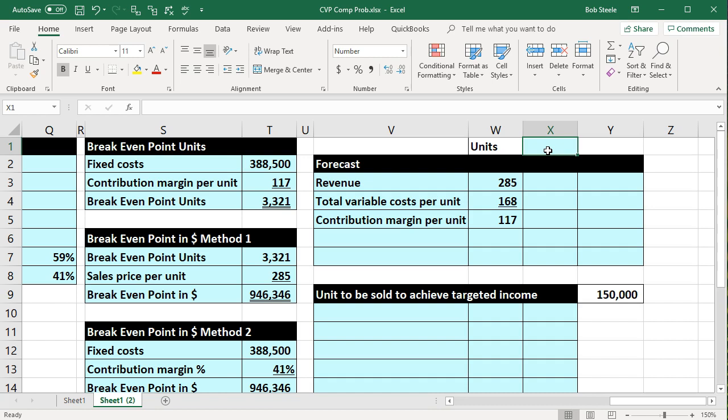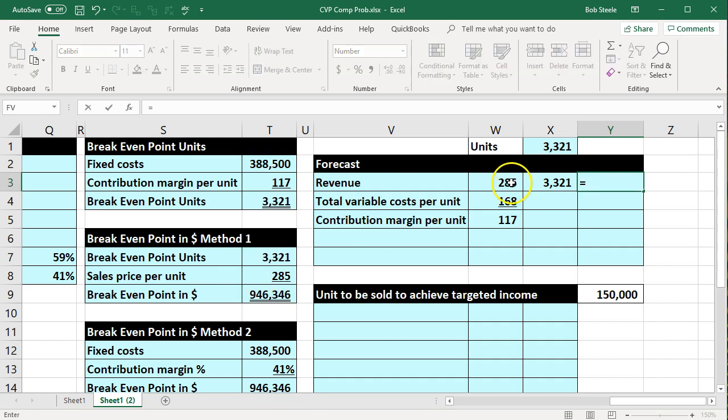Let's start with the break-even point, which we've calculated, and that'll allow us to test the break-even point in units, as well as the break-even point in terms of the dollar amount. So we'll say, okay, what would happen if we had the break-even point at 3,321 units? Then the revenue is going to be equal to, I'm just going to pull over the same 3,321 units that we sell.